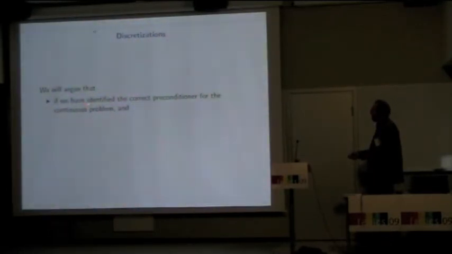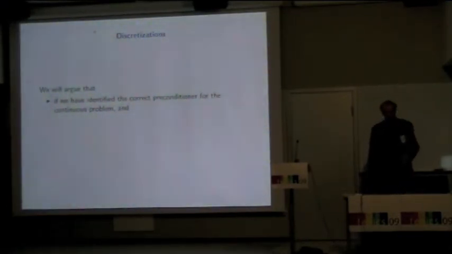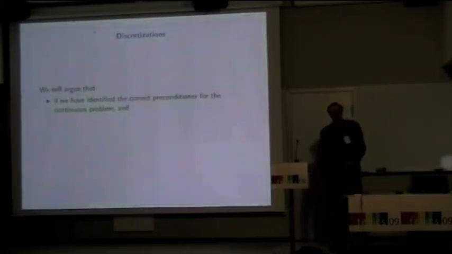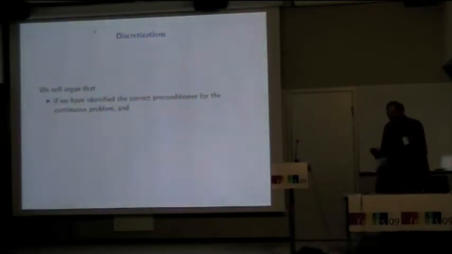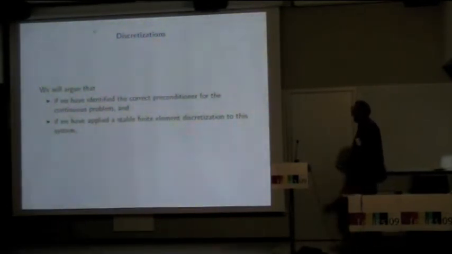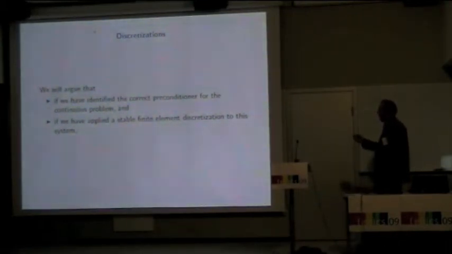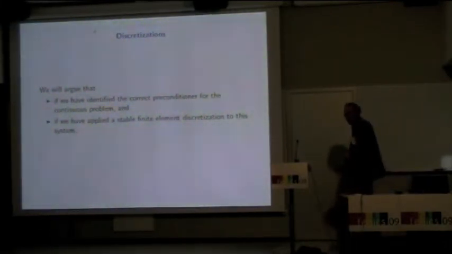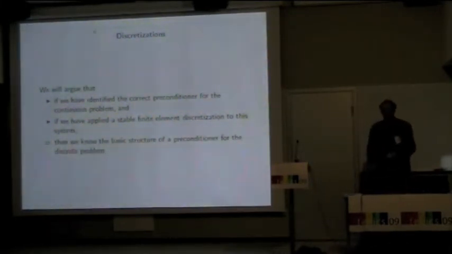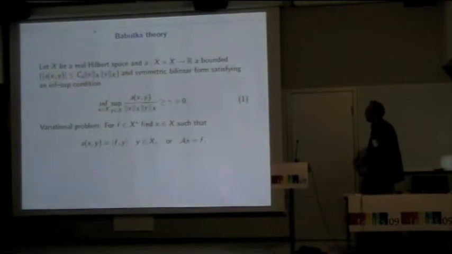Well, we will argue that if we have identified the correct preconditioner for the continuous problem, so let's say we have done that, we have been through this process, we know the function spaces, we know how to precondition a continuous problem, then of course we need to have a stable discretization. We're going to apply some finite element spaces. The method has to be stable, and we know that is an additional property. Then we will argue that we also know the structure of the discrete preconditioner. So this is the program in some sense. So how do we do that?